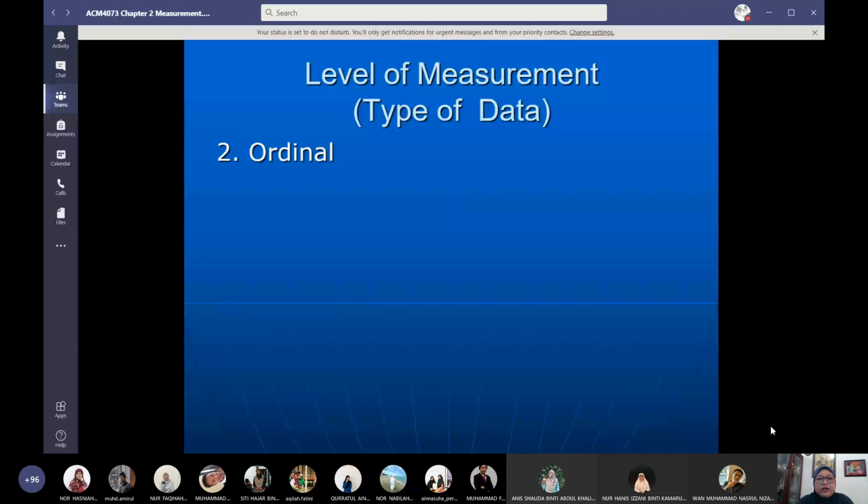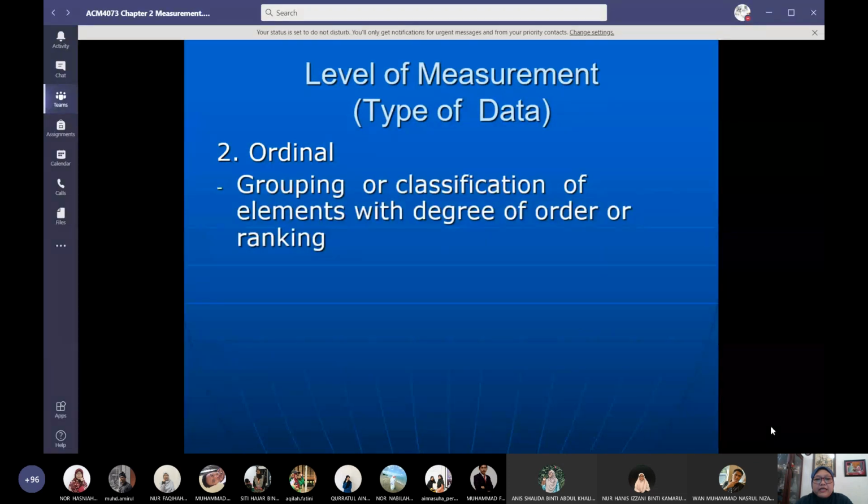The second one is ordinal. What do we mean by ordinal? Ordinal is grouping or classification of elements with degree of order or ranking. Just now, male and female, no ranking. Even though we have al-rijalu qawamu ala nisa, it doesn't mean a degree or ranking in our definition of statistics.